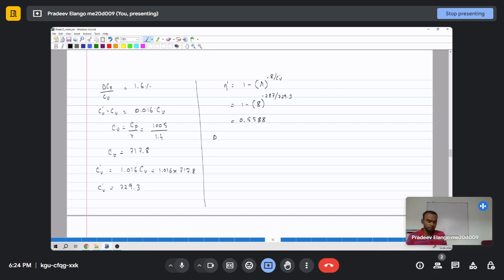Now delta eta is equal to eta dash minus eta, that is 0.55 minus 0.565, and delta eta by eta is 0.55 minus 0.565.